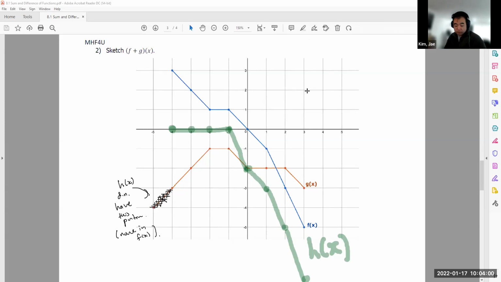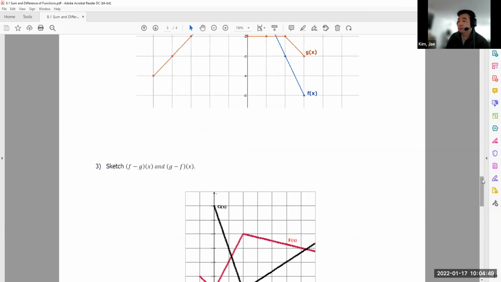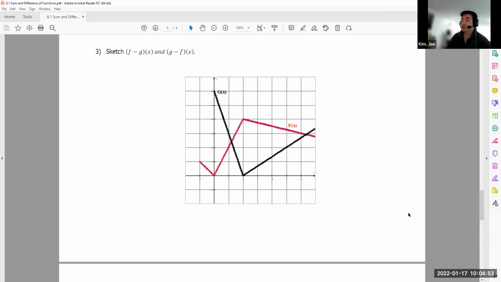Try the next one. I'll give you 2 minutes. For this one, I'm just going to do F minus G. I feel like you can definitely do the other one on your own.